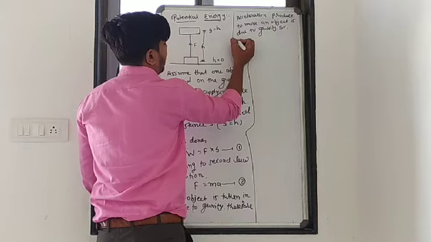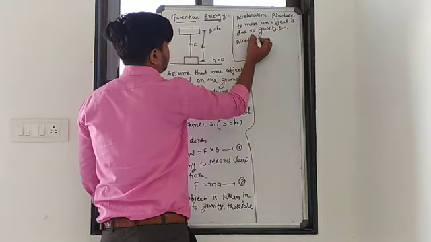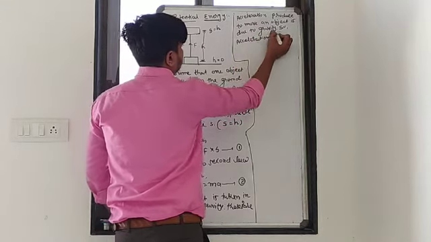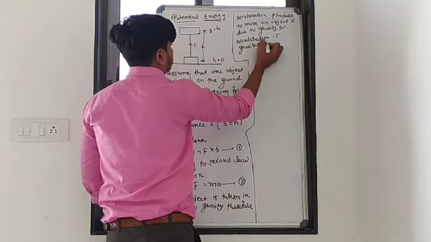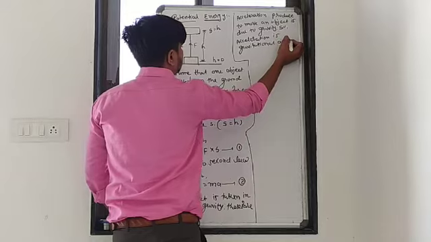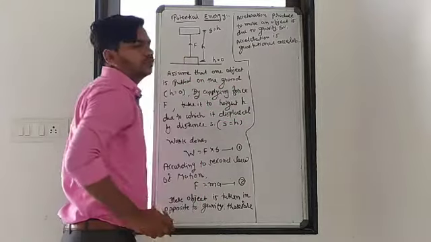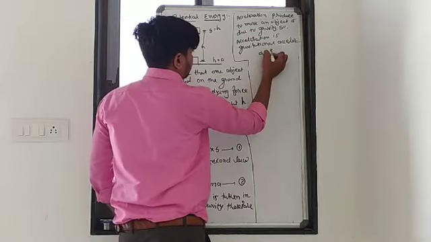So, acceleration is the gravitational acceleration. So, a is equal to g.